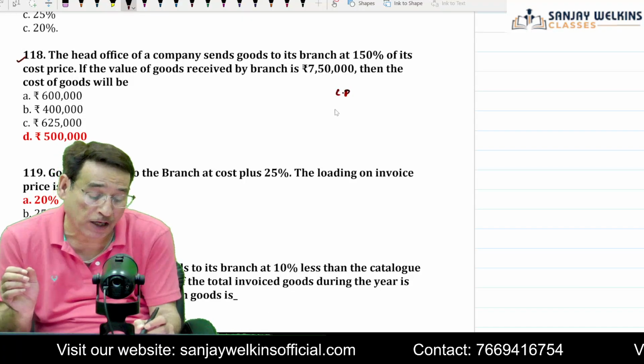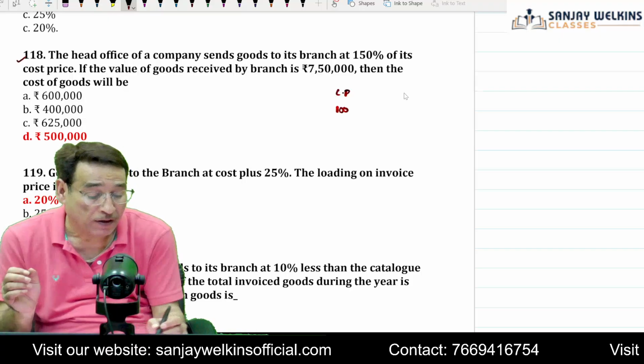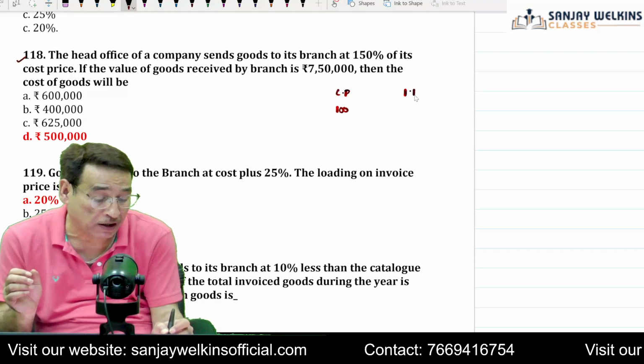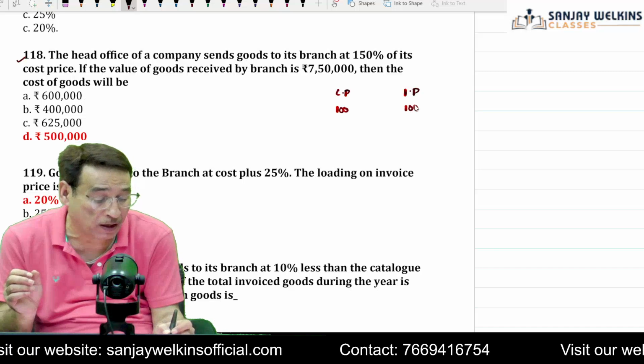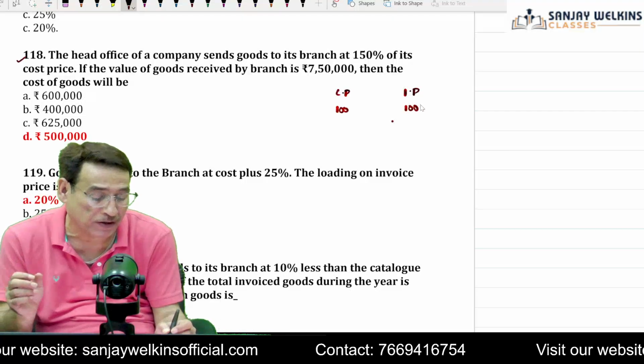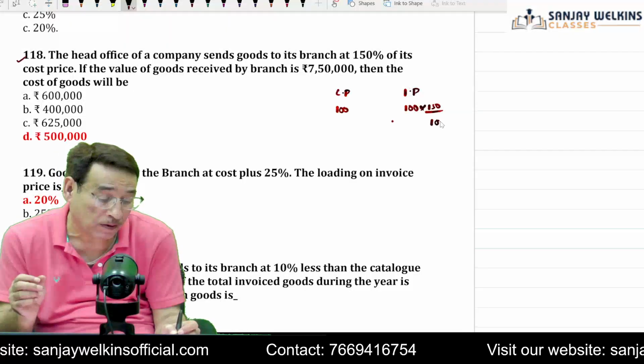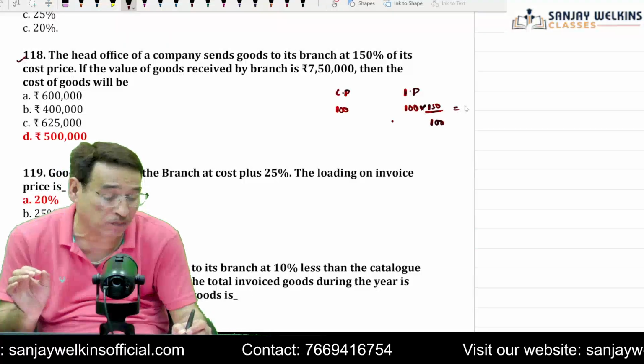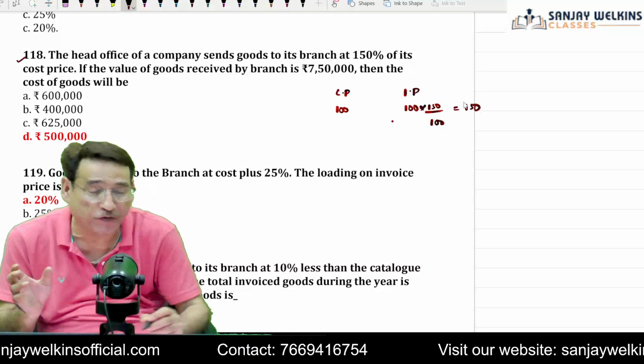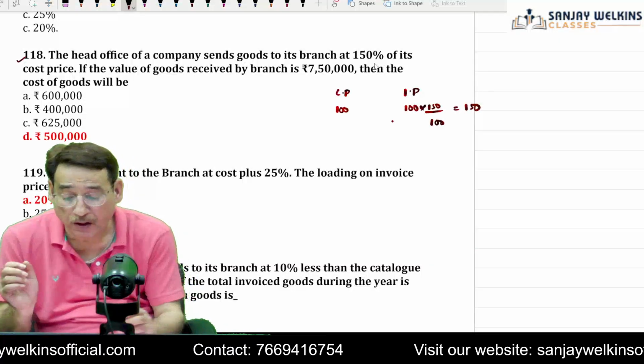See, if cost price is 100, that means goods are sent to branch at an invoice price of 100 plus 50, 150%. If cost price is 100, then goods must be sent to branch at 150. Is it clear to you?